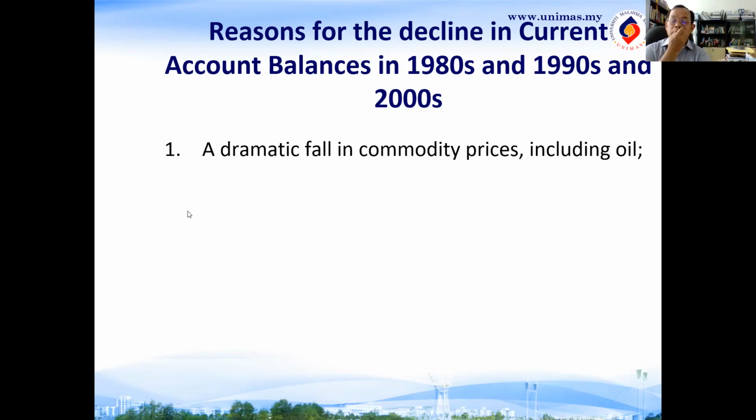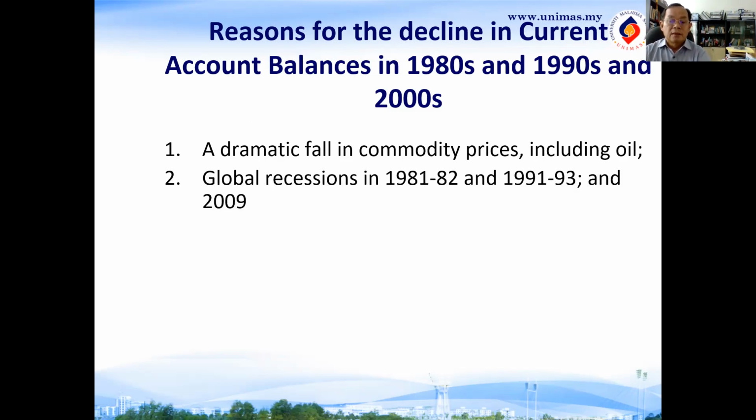Some of those can be traced back to the fall ataupun penurunan, ya, commodity prices, harga komoditi, termasuk minyak mentah, including oil. And also the world recession ataupun global recessions in 1981 to 1992 and also in 1991-93.